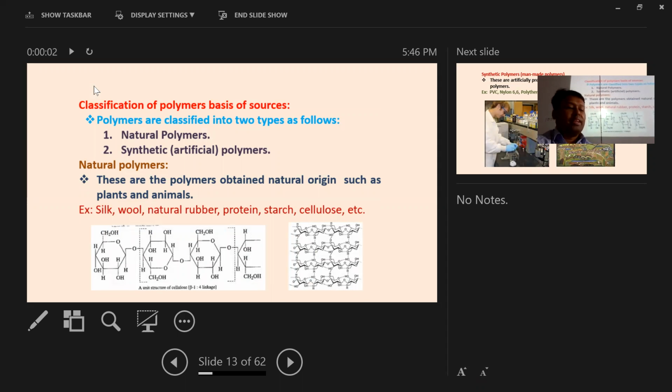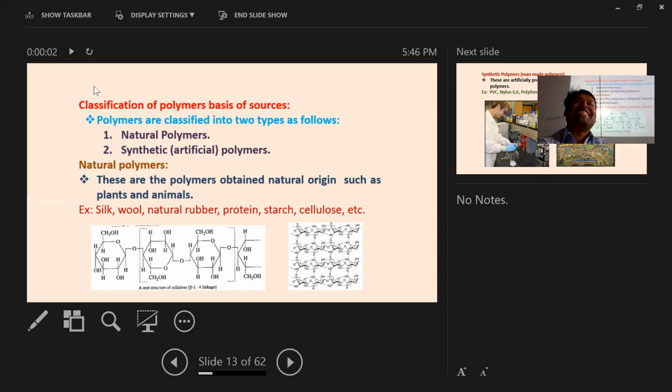Okay, now that is also a very similar thing. You are familiar with the words natural polymer and synthetic polymer. Something that is grown naturally. I was saying the rubber tree.